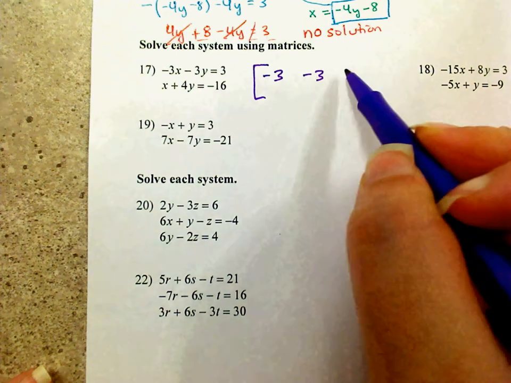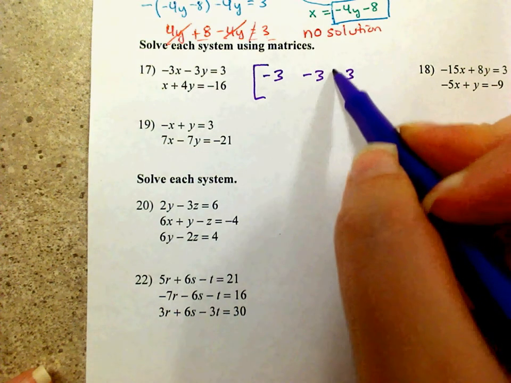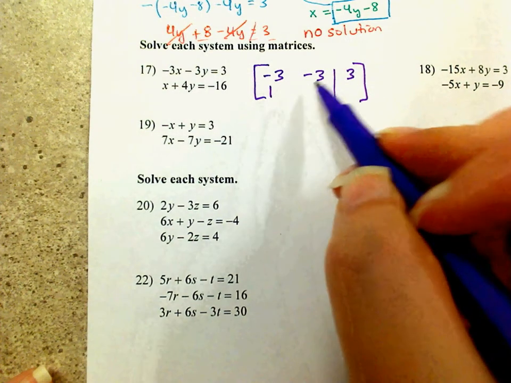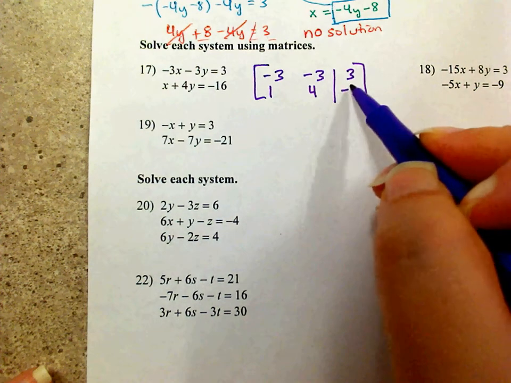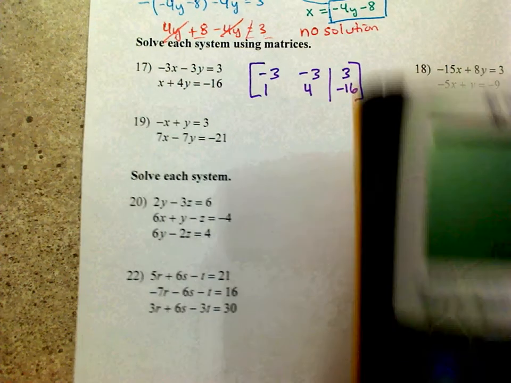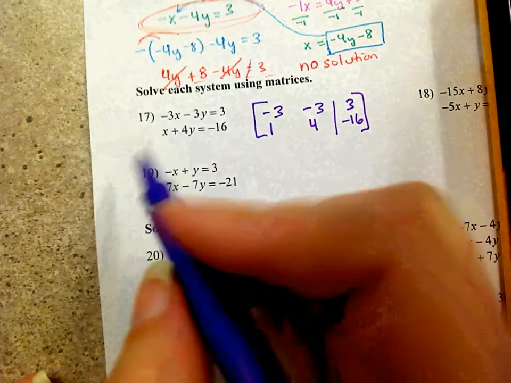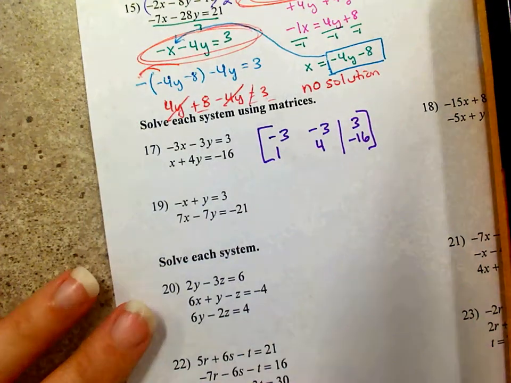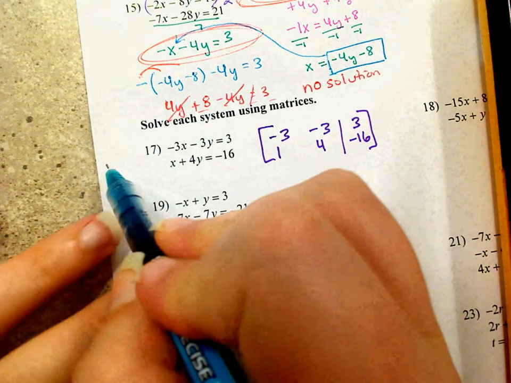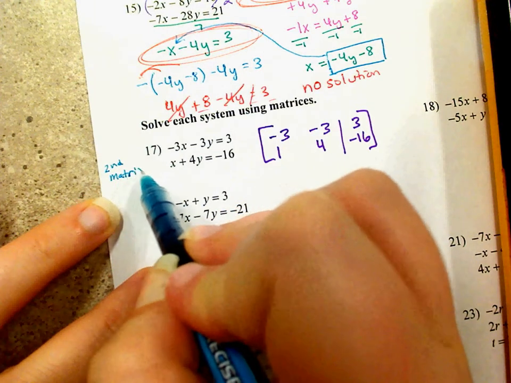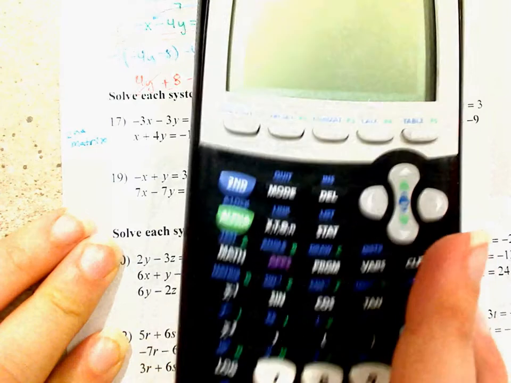And then what do I put here? 1, 4, negative 16. Okay. So do you remember what we have to put in front of the matrix when we type it in? Okay, so I've got to go to second matrix. Okay, so second matrix. I need to go over to what?